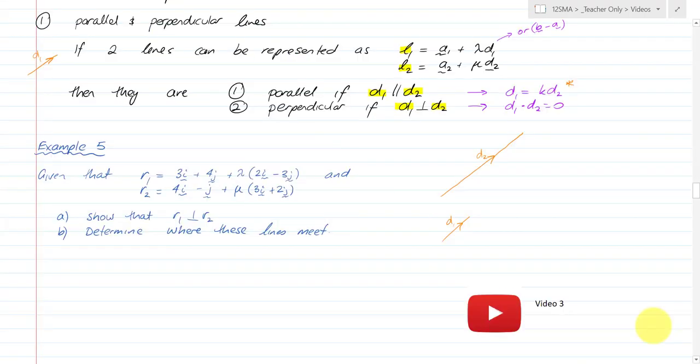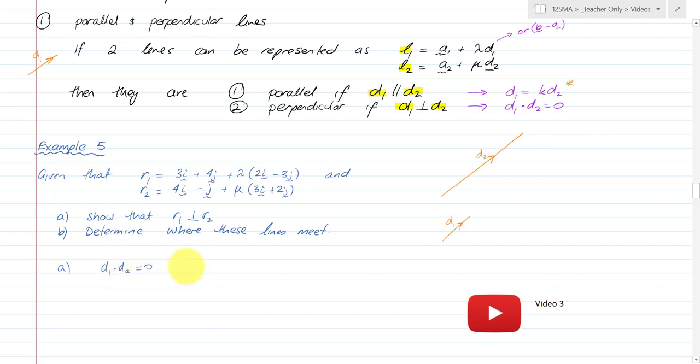Okay, so let's look at example 5 now. We've got our two vector forms of a line, R1 and R2, in terms of lambda and mu. We first need to show that R1 is perpendicular to R2. To do that, we start by considering the direction components, so D1 dot D2 has to equal 0.